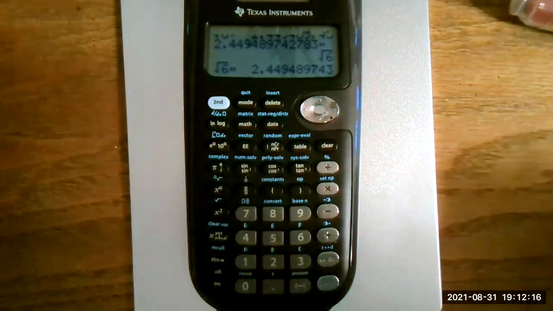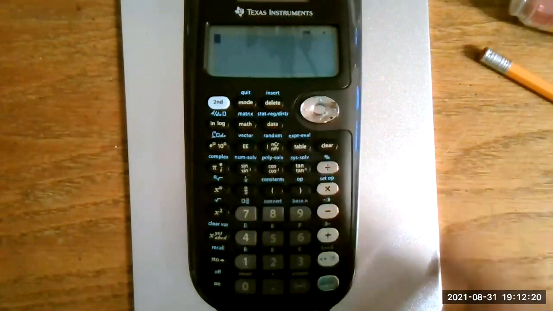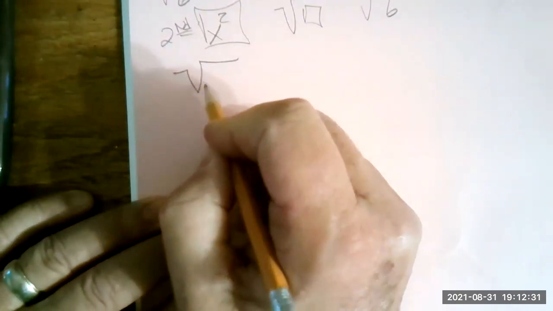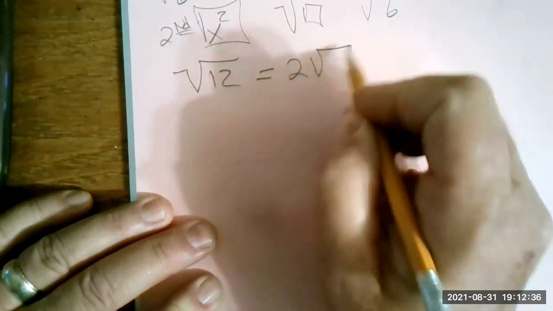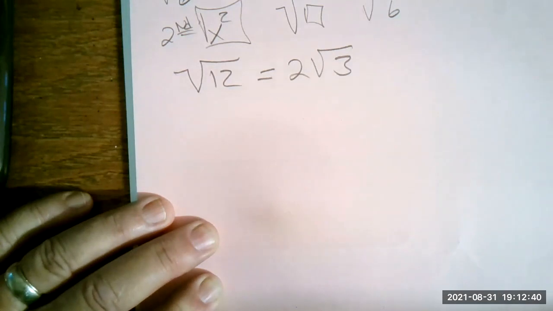Now, I'm going to clear my screen. Several of you know or have seen a long time ago, for example, that the square root of 12 eventually becomes 2 times the square root of 3. We're going to talk about how to do that later, but one of the things I like about this calculator is it will do that for you.